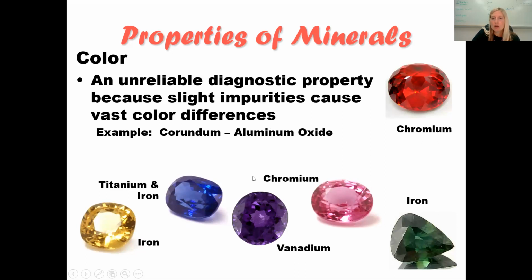So I can't just say, oh, aluminum oxide looks red, because it could also be pink or purple or blue. Depending on what form of chromium you have, it could be red or pink. Depending on what form of iron you have, it could be yellow or green. So color isn't going to be very helpful when we're looking at a mineral, because the same mineral could be lots of colors, and there are lots of minerals that are all pink or all gray.